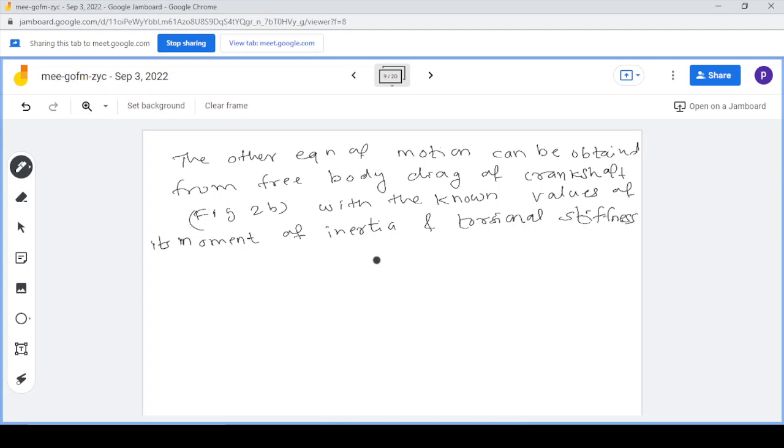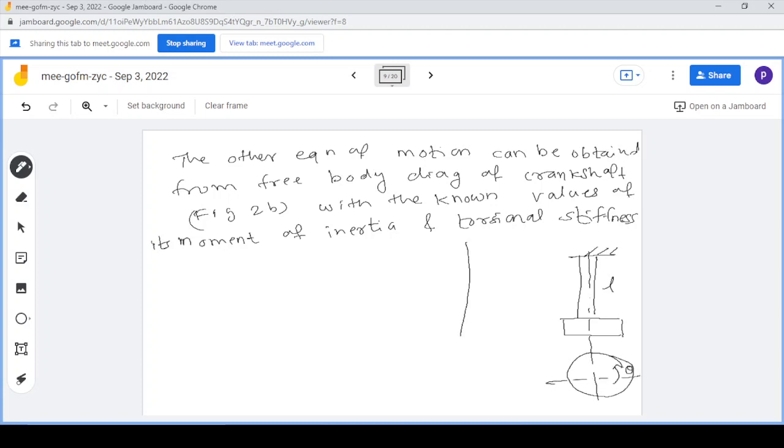Now to revise what we mean by torsional stiffness, let us take this torsional pendulum having the disc like this. This is called the length of this torsional pendulum, right? Let us draw this top view. Okay, so this is rotated by suppose angle theta.